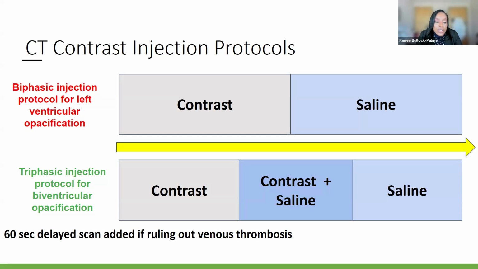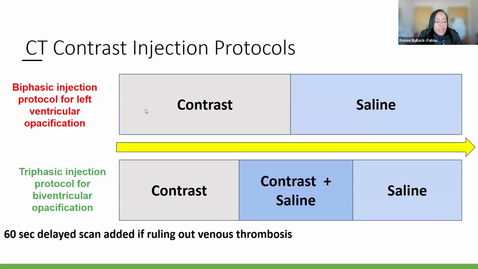And in this case, you're doing a triphasic injection protocol, where you inject contrast followed by a mixture of contrast and saline, and then you end with a chase of saline. So it's a three-phase scan to really give you good opacification of both the right ventricle and the left ventricle as well.